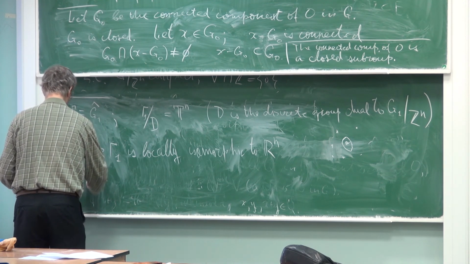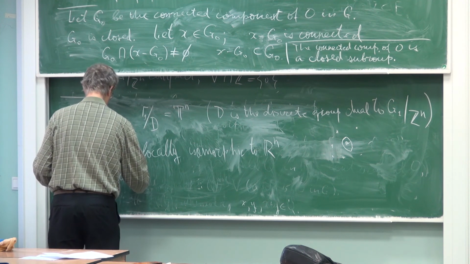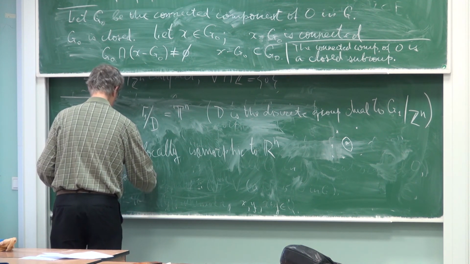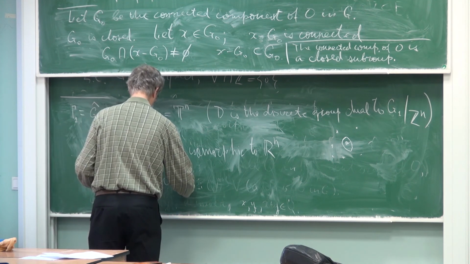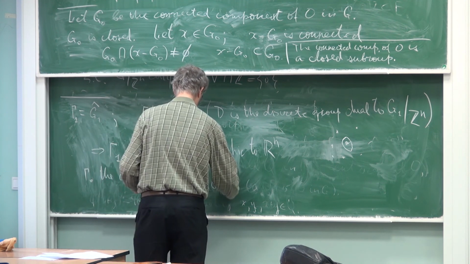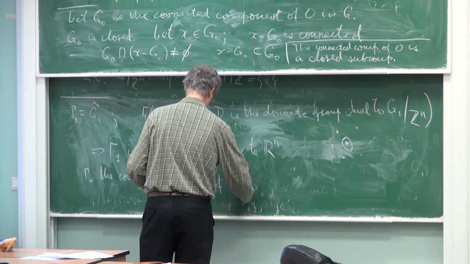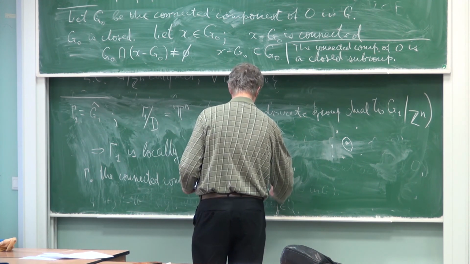Let gamma 0 be the connected component of 0 in gamma 1.